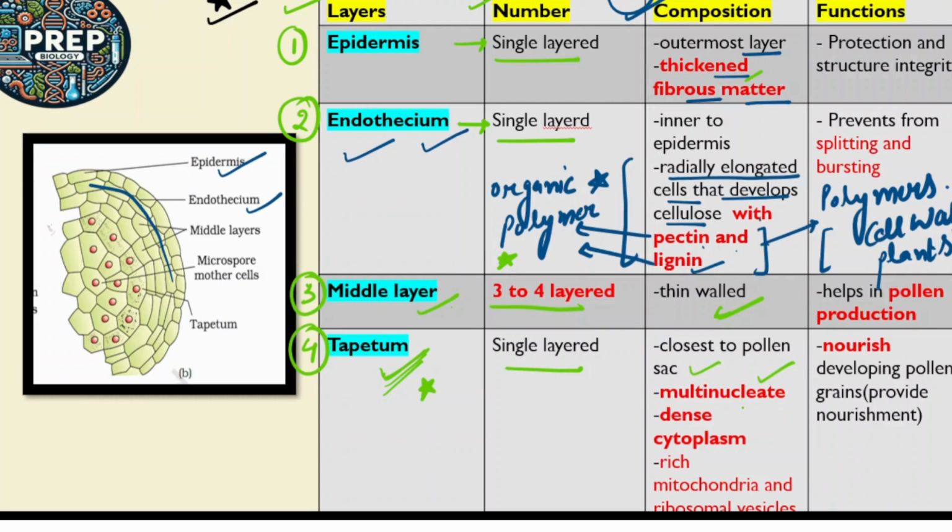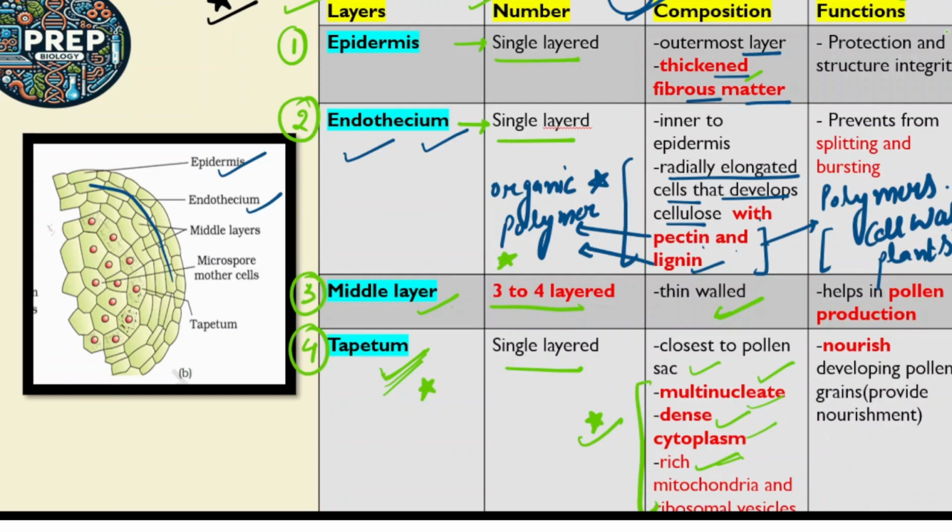Multinucleate means it has multiple nuclei, and dense cytoplasm. Why does it have dense cytoplasm? Because it is rich in mitochondria and ribosomal vesicles. These 4 points are very important. Tapetum is multinucleate, has dense cytoplasm, and is rich in mitochondria and ribosomal vesicles.